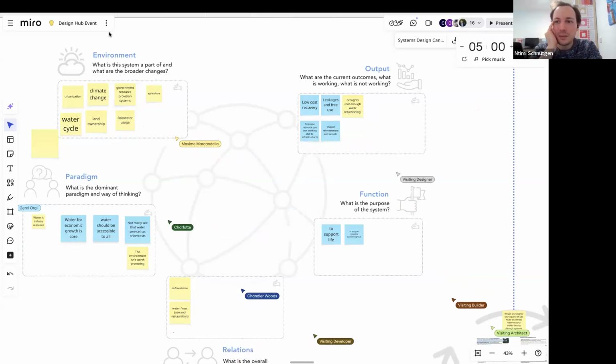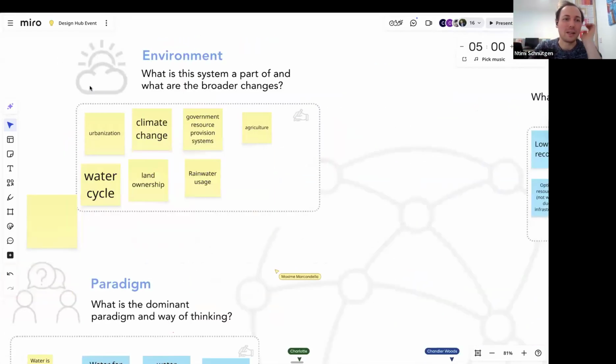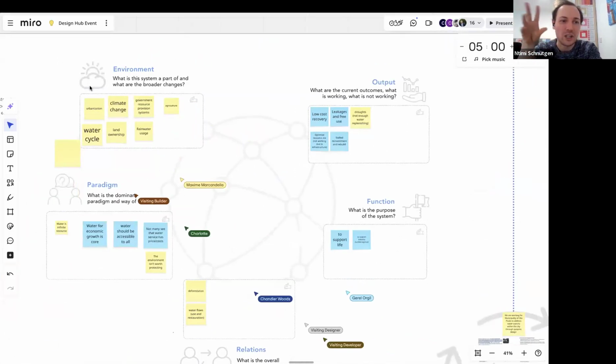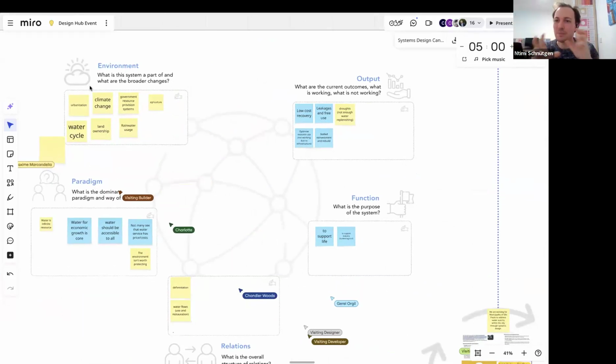I put quite some post-its into the environment part, because I put in urbanization, climate change, water cycles, which are basically overarching structural systems that influence this system in particular. I hope I understood the placement correctly.